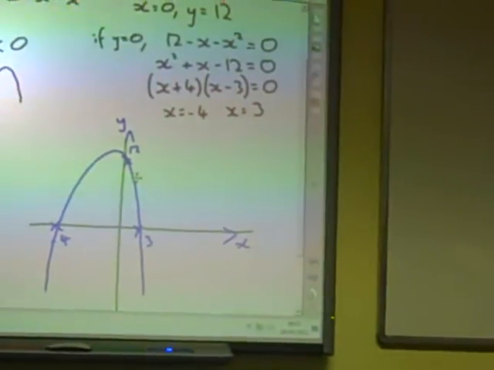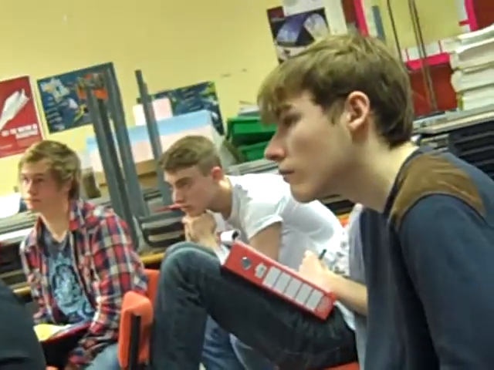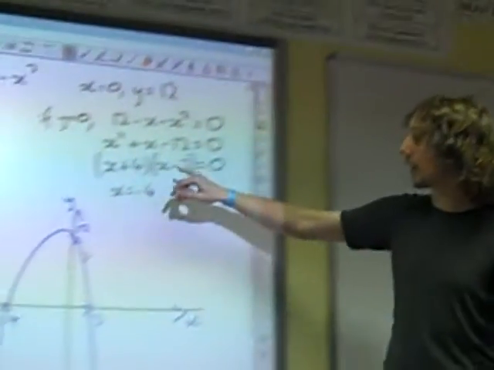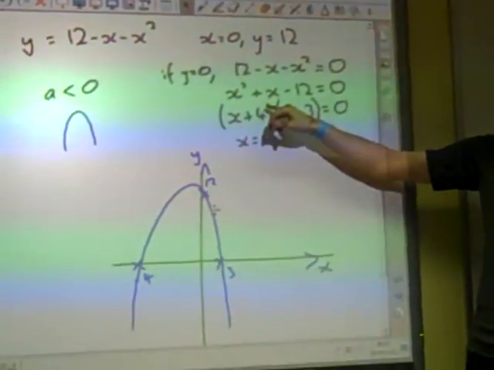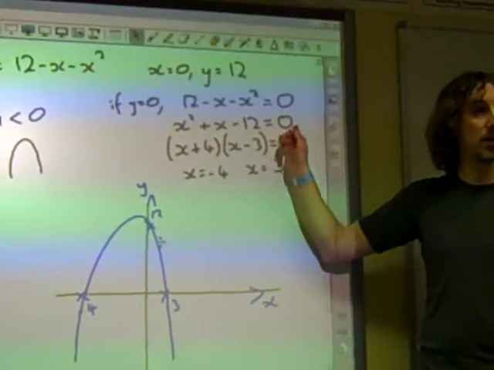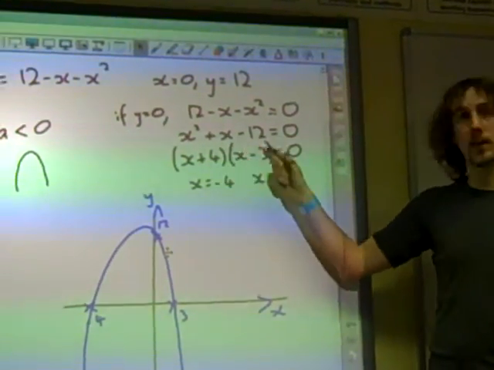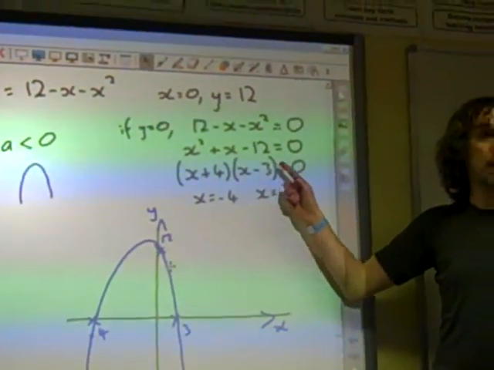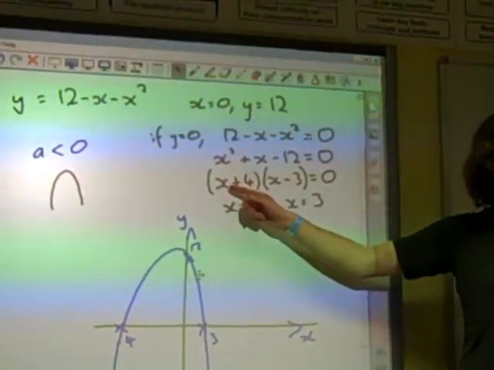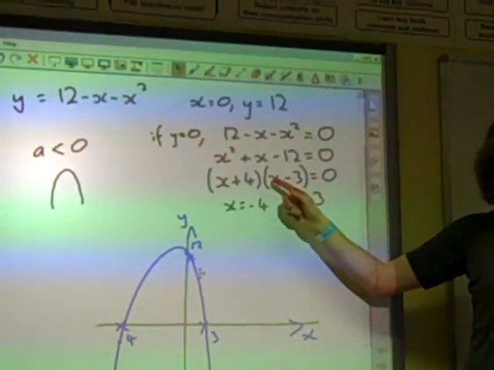You know when you kind of reversed all the positives and negatives? Like, would you not have to reverse them back again? So it would be like +4 and -3, or what is that? It's the values that make this equal to 0 are when either of these brackets are 0. And so that would happen when x is -4 and when x is +3.